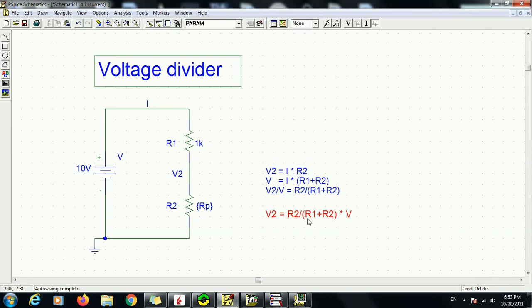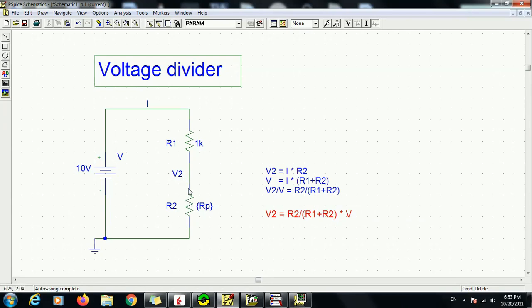The way we derive this equation is as follows. V2, the voltage across resistor R2, is equal to the current passing in this circuit multiplied by R2.